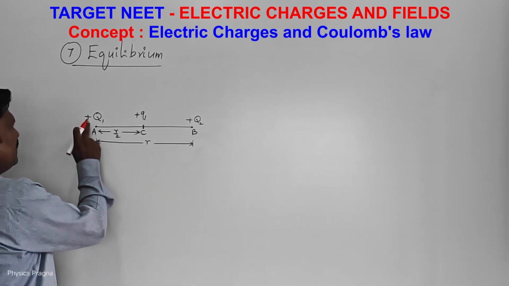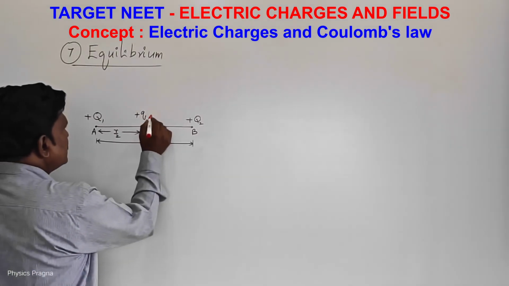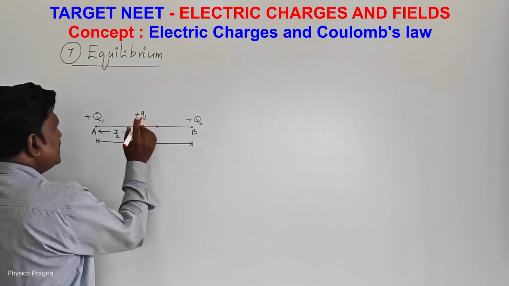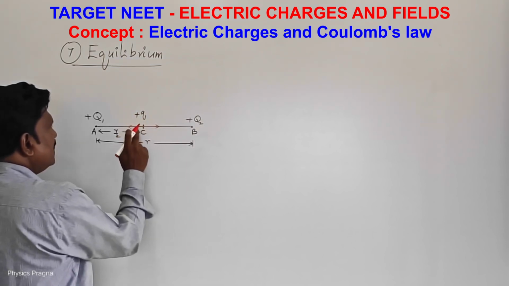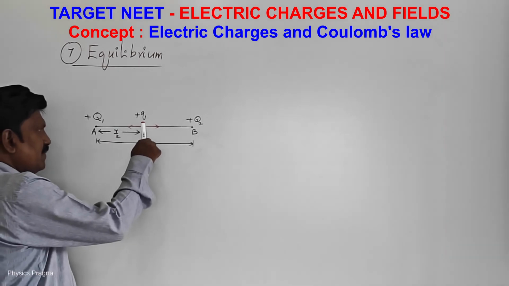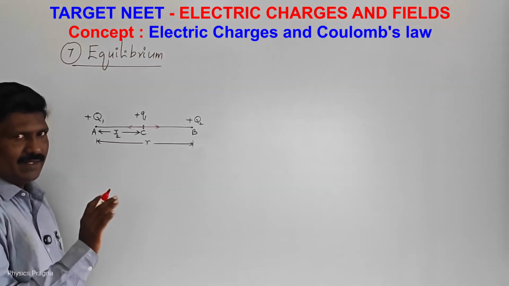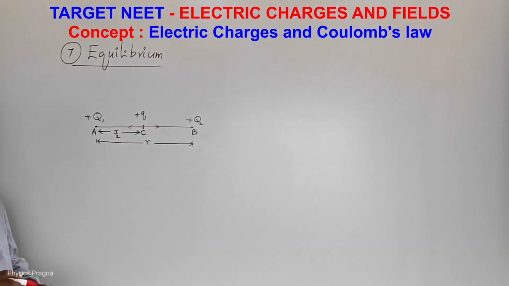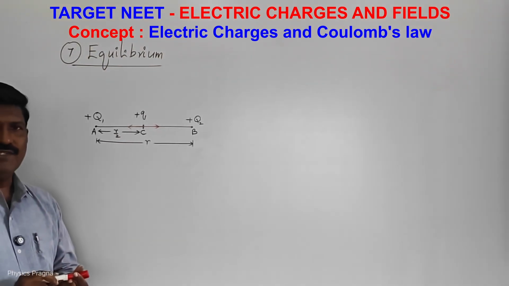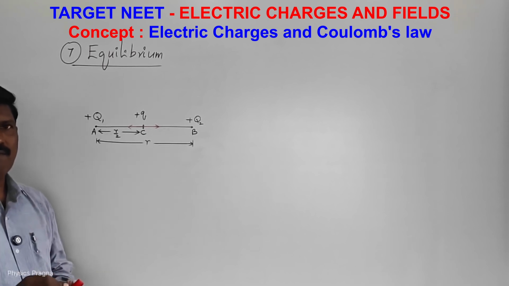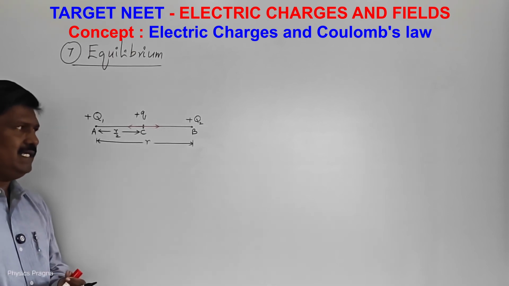This plus charge will repel this plus charge in this direction, and this charge will repel this charge in this direction. If these two forces are equal, then this plus q charge remains there only. So these three are in equilibrium. Now we have to check whether this equilibrium is stable equilibrium or unstable equilibrium.